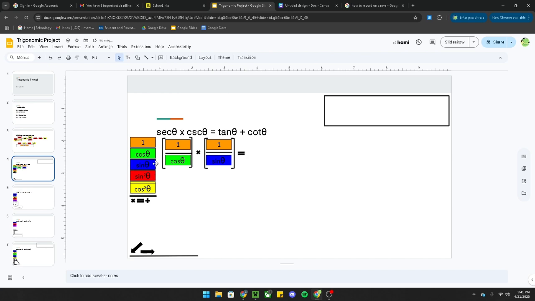Which equals tangent, which is sine over cosine plus cosine over sine right there.